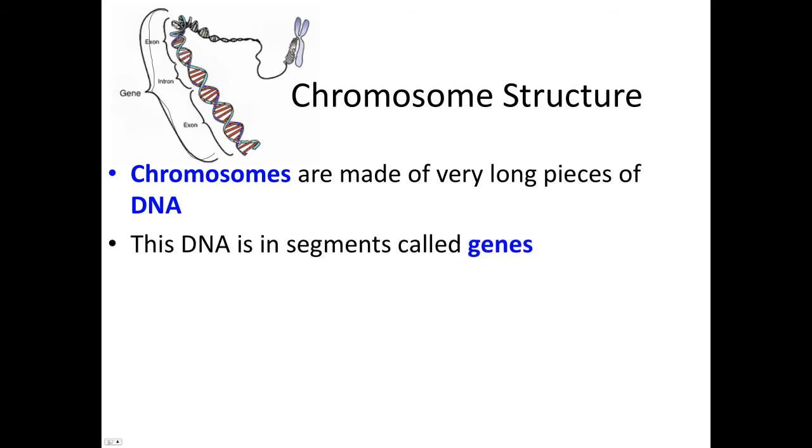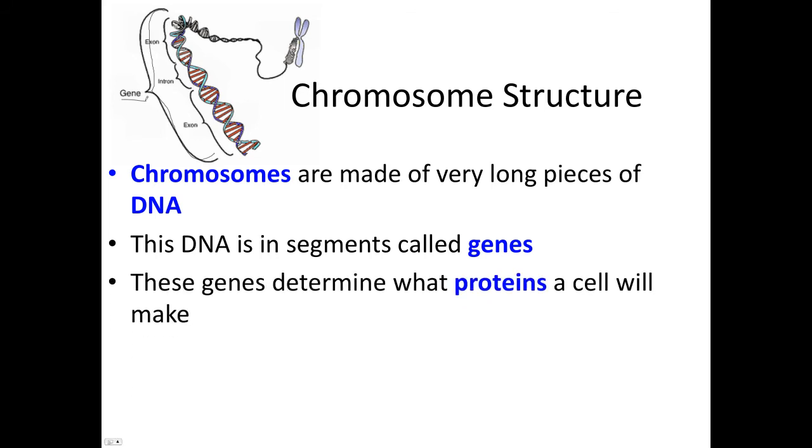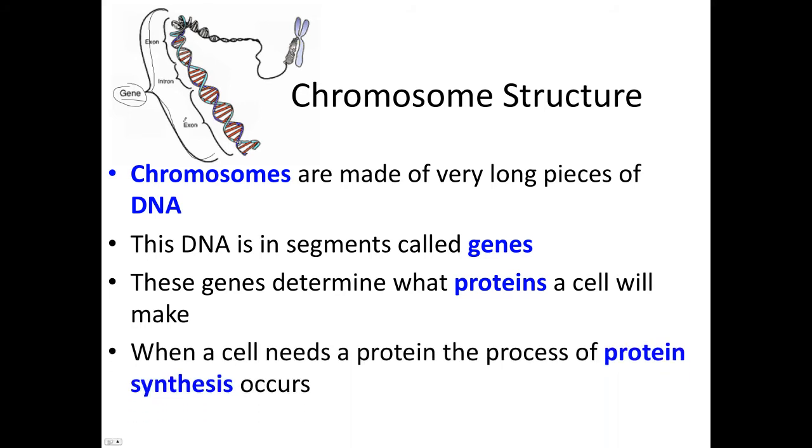And each segment that codes for something, say the gene for blue eyes or the gene for height, is in a different segment. These genes are what are going to determine what proteins will be made. The genes are the code. They are the ATGC that are going to tell the transfer RNA what amino acids to bring.